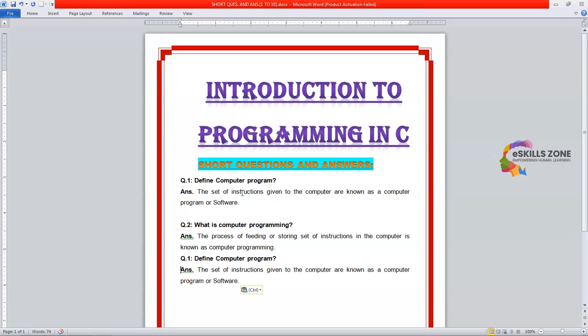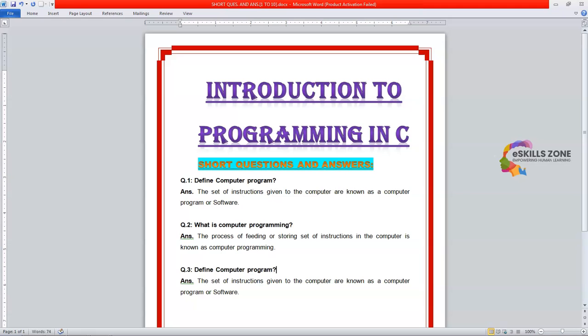Next number 3. Question is, who is a programmer?